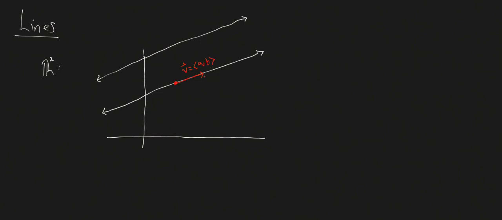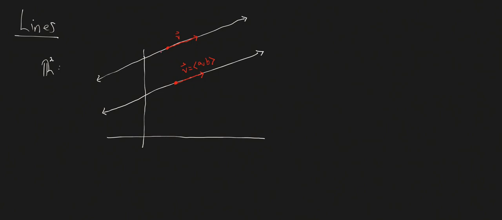I could find the equivalent vector to v right there. That is still v, same length, same magnitude. But these are 2 different lines. So I can have the same direction vector, but it could be used to define different lines.